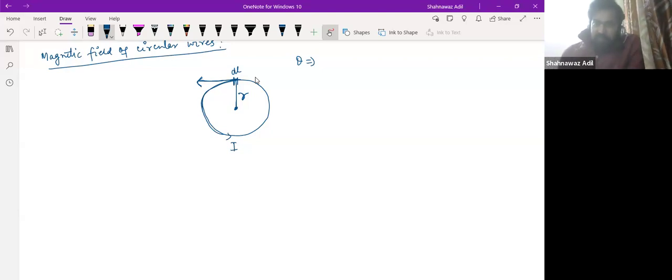Theta would be, this is dl. Direction of dl is this tangent. Direction of r is this. So what is the angle between dl and r? That is the theta angle, right?